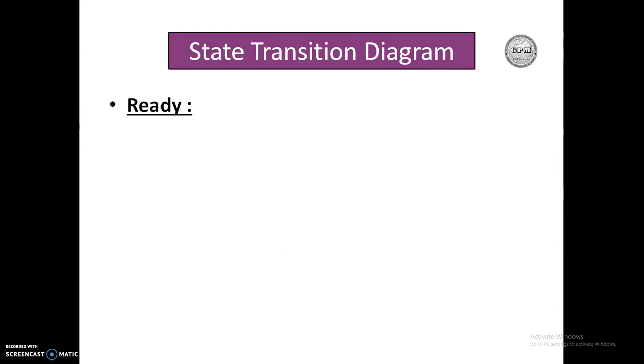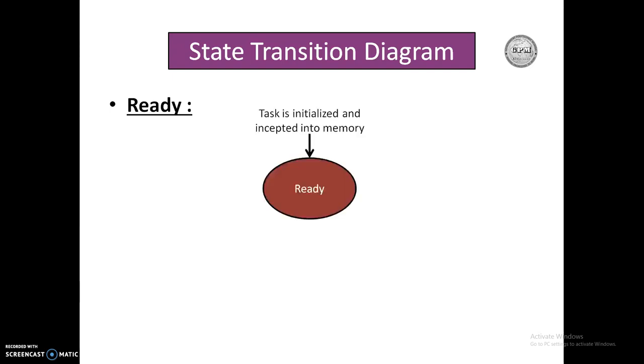Following the question, let's see how transition occurs using the priority-based preemptive scheduling algorithm. First, we'll start with the ready state. When the task is created, the kernel puts it into the ready state.